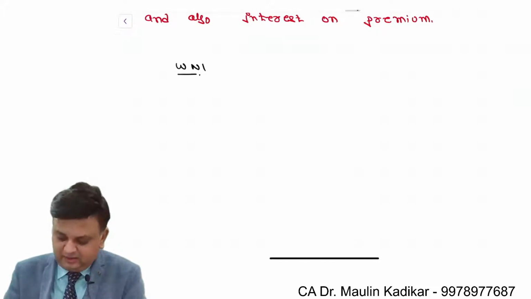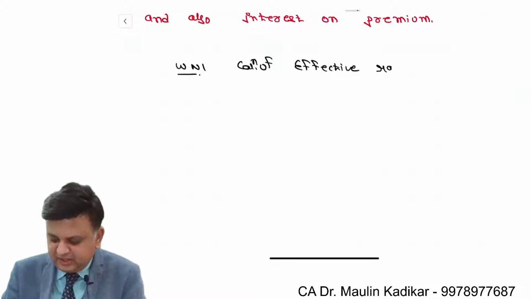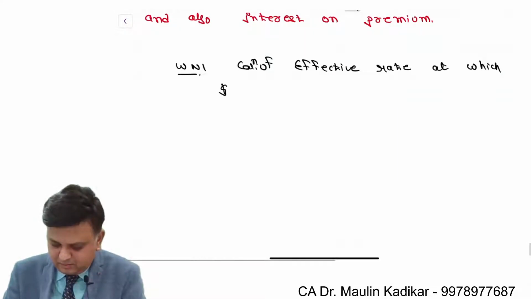Working note number 1, calculation of effective rate at which dollar can be purchased.